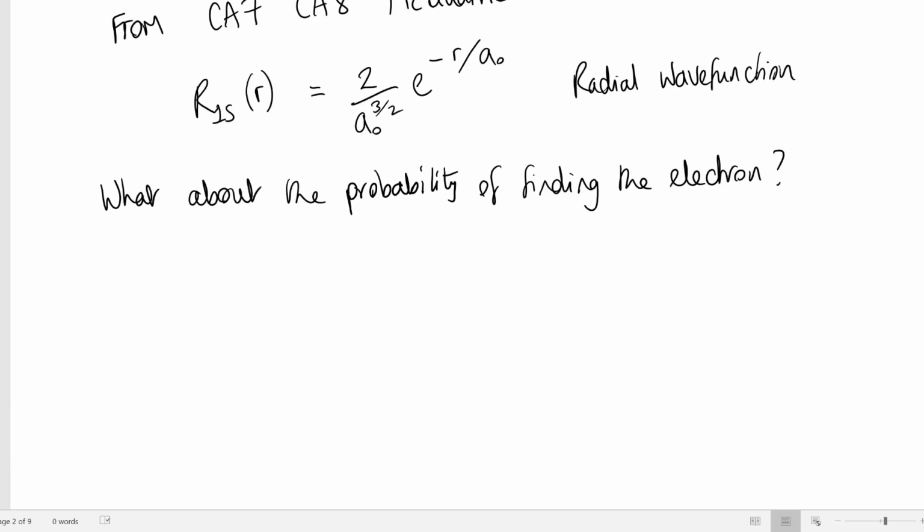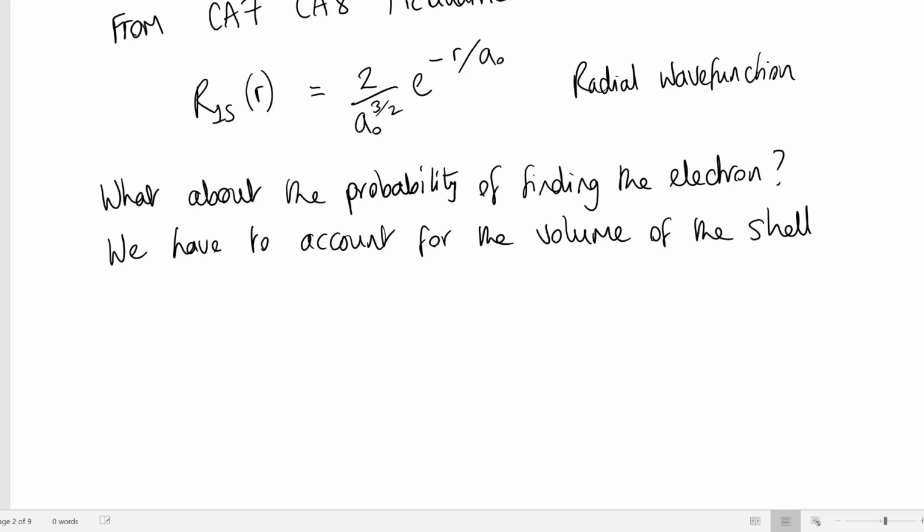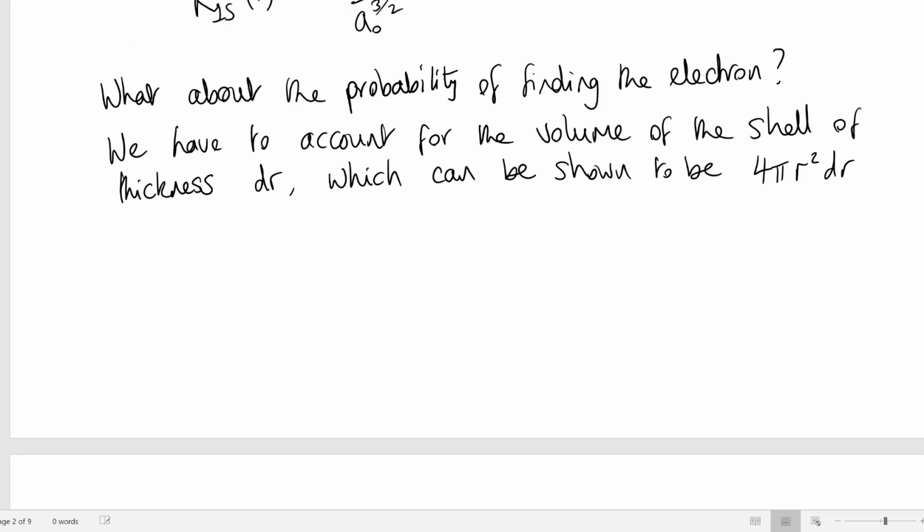And there's a kind of intuitive way of looking at this. So sometimes I think about the volume of a shell of thickness dr, and this helps me a little bit. So we can think of the volume of the shell of thickness dr, and it can be shown to be 4 pi r squared dr.